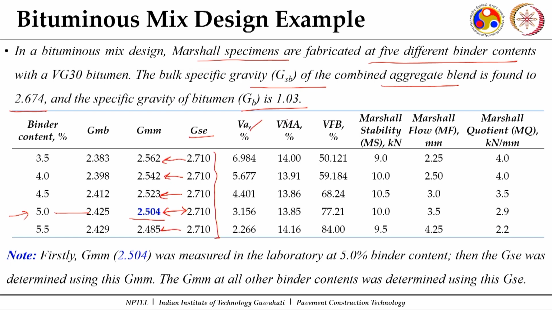Simultaneously, the other parameters VA, VMA, VFB, Marshall stability, flow and quotient were determined. So GMM was measured in the laboratory at 5%, then the GSE was computed, and later all other GMM values were derived using this GSE.